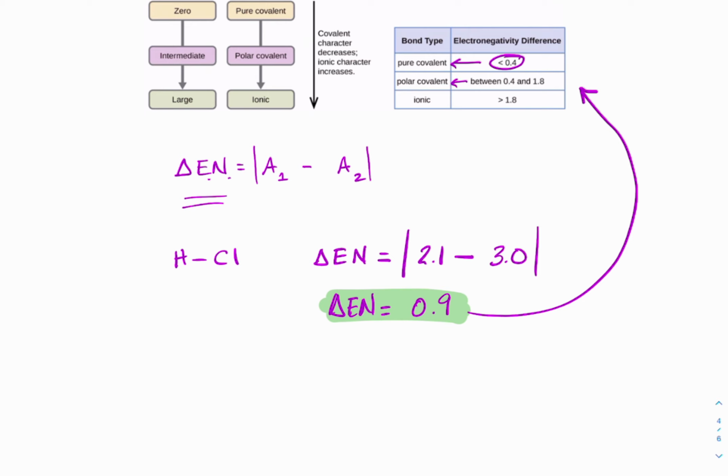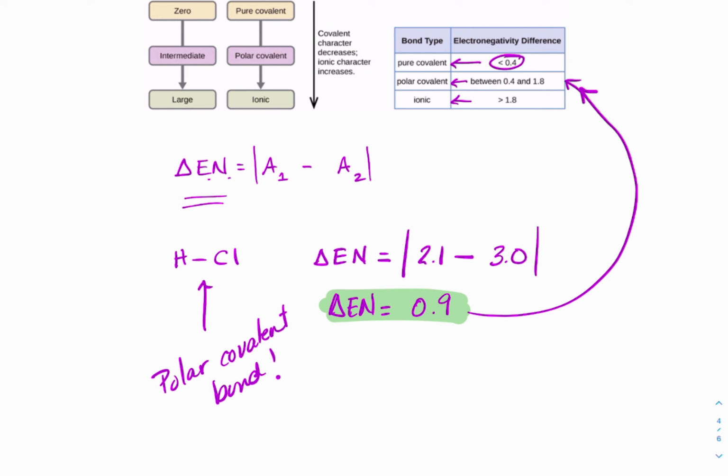Or if it is greater than 1.8, you're considered ionic. Well, this value of 0.9 ends up being right in the middle of 0.4 and 1.8, and so we call this particular bond a polar covalent bond.